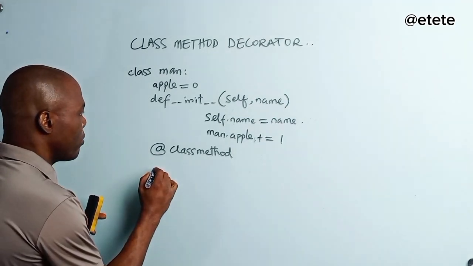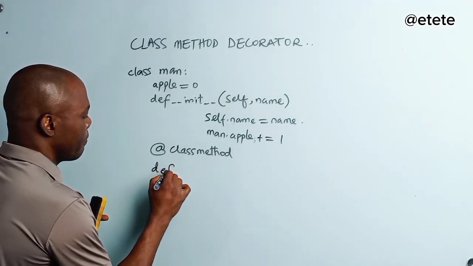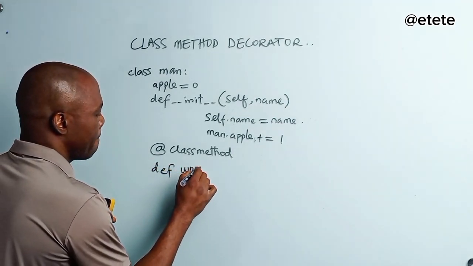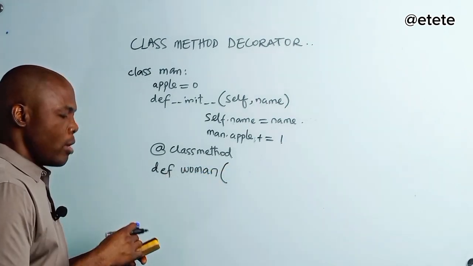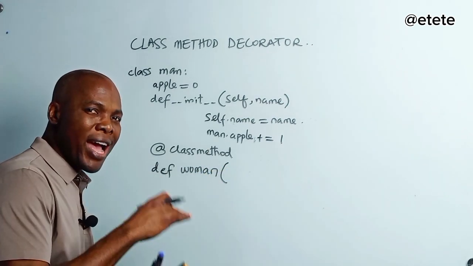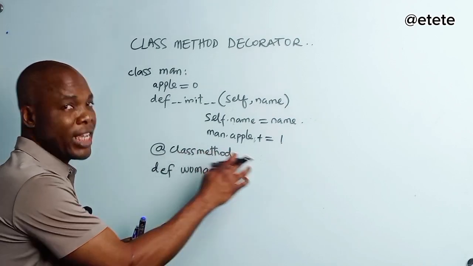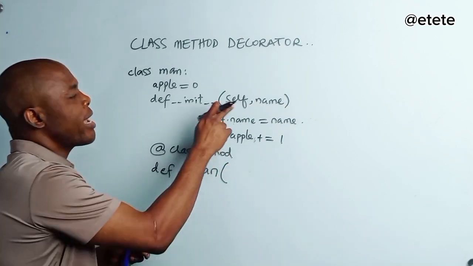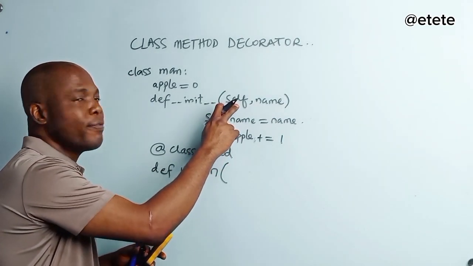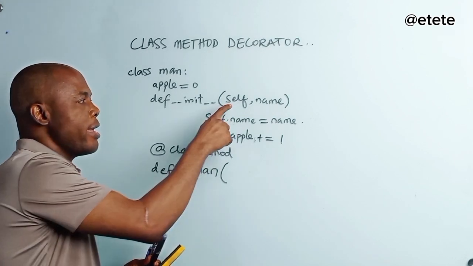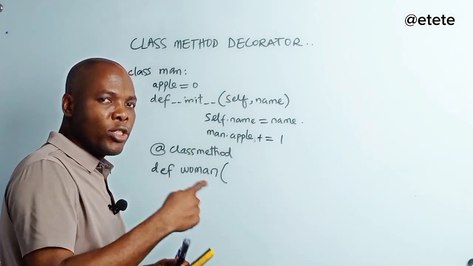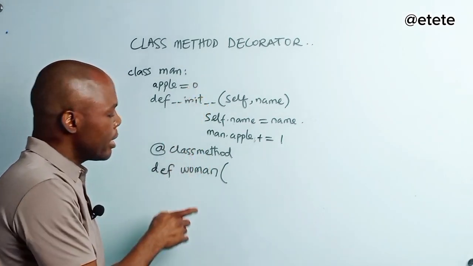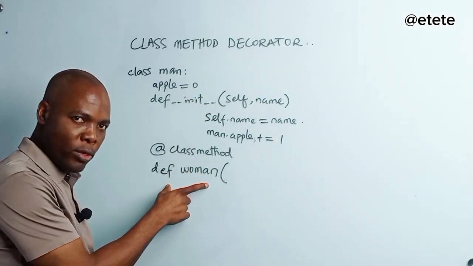Now, instead of that, we'll just do def woman, right? And then inside it, what we want to supply now as the reference, because it's a class method, will no longer be self. This self is an instance variable that references the object that is going to be created for this class. Now we are creating a class method.